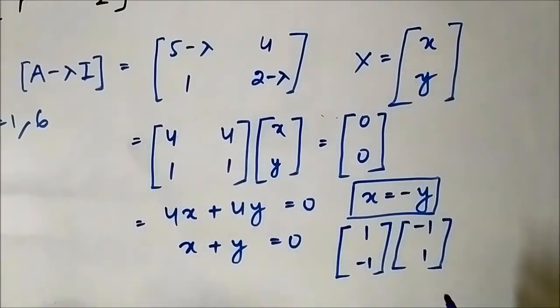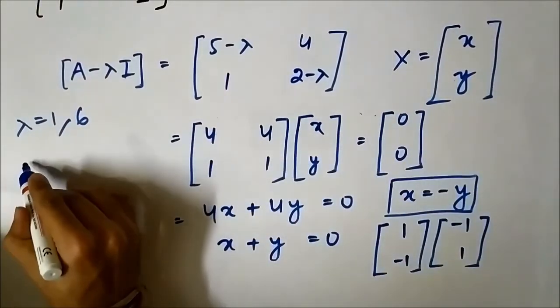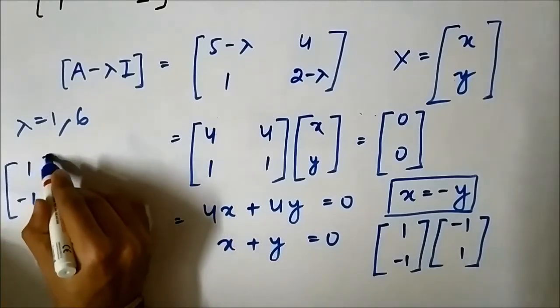If x is equal to 2, y will be equal to minus 2. If x is equal to 3, y will be equal to minus 3, and so on. So this is one of the eigenvectors and this is the other eigenvector. So one set of eigenvectors corresponding to 1 we have determined, 1 and minus 1.